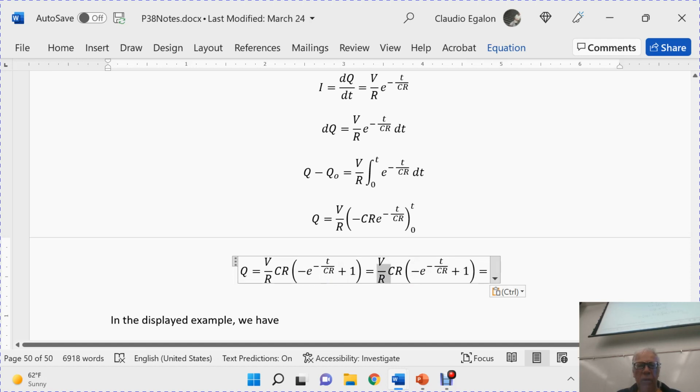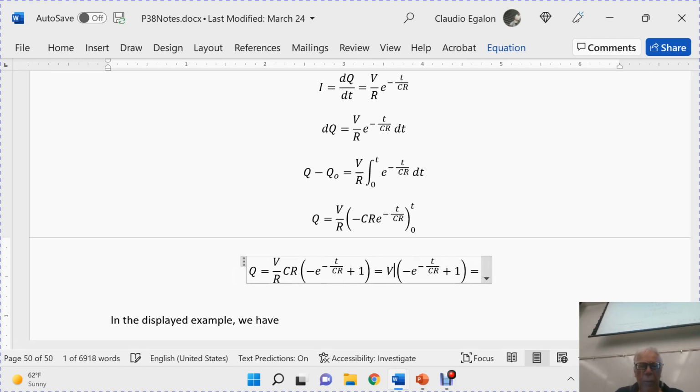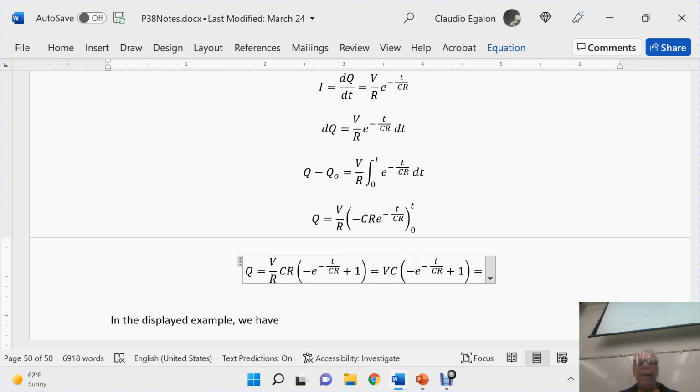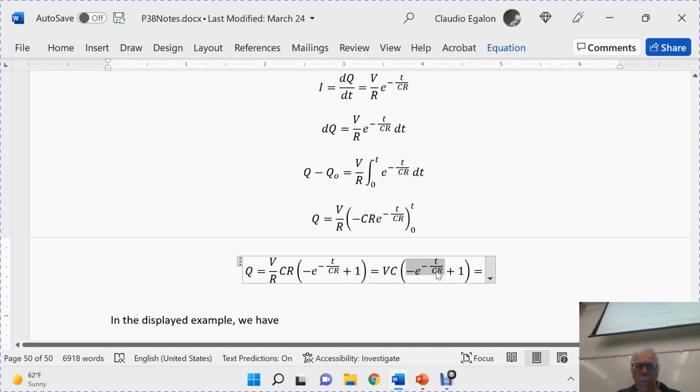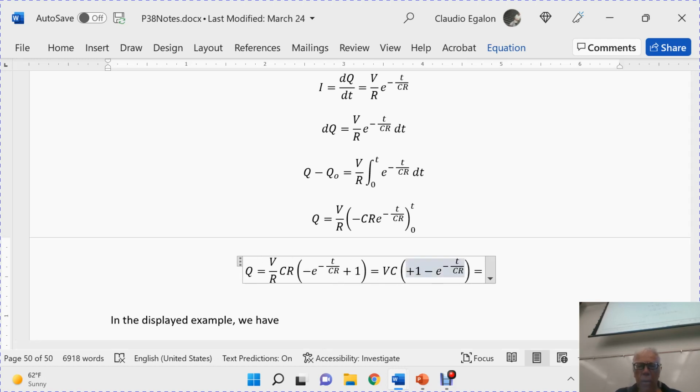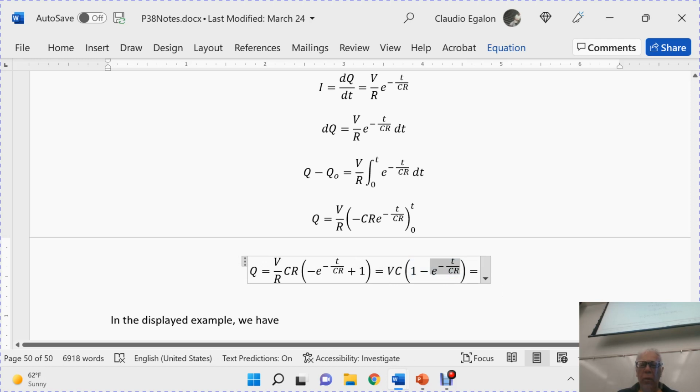We end up with VC, which, by the way, has units of electric charge. Whenever t equals 0, this term here is 1. 1 minus 1 is 0.